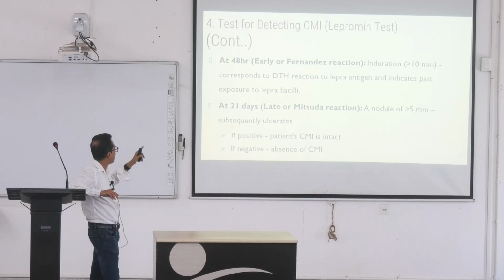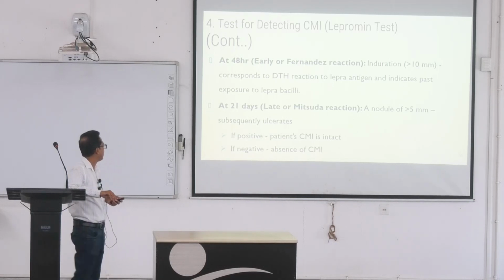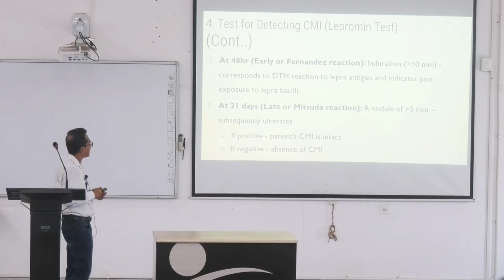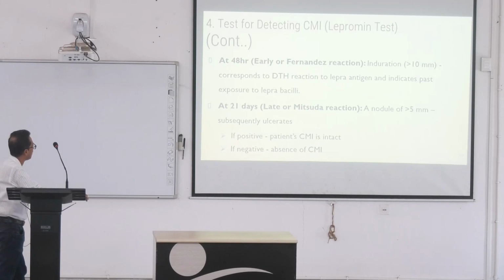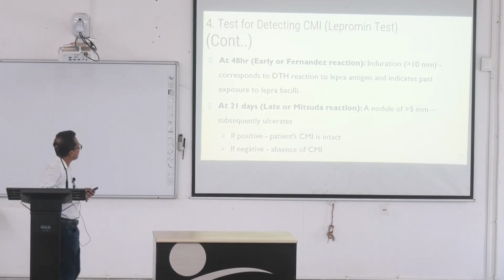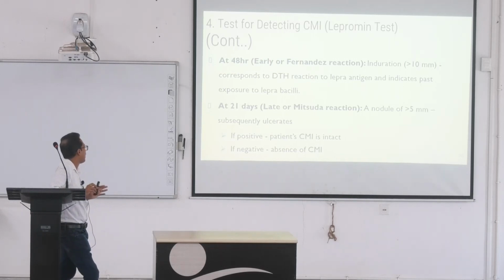At 48 hours, induration more than 10 millimeter corresponds to delayed type of hypersensitivity. It is a type 4 hypersensitivity. After 21 days, the late or Mitsuda reaction is a nodule of more than 5 millimeter diameter which subsequently ulcerates.